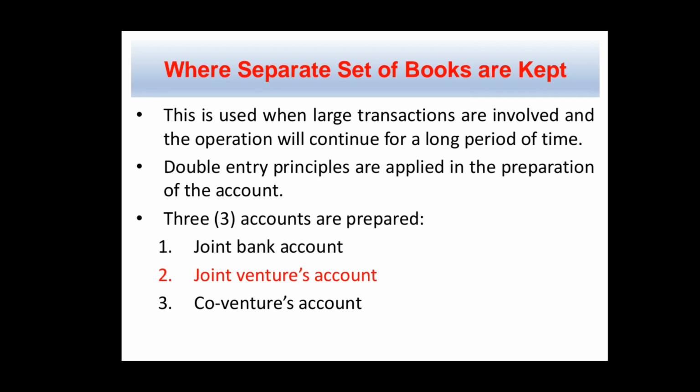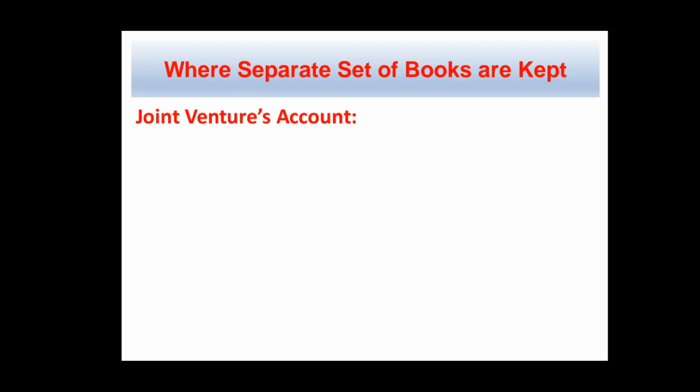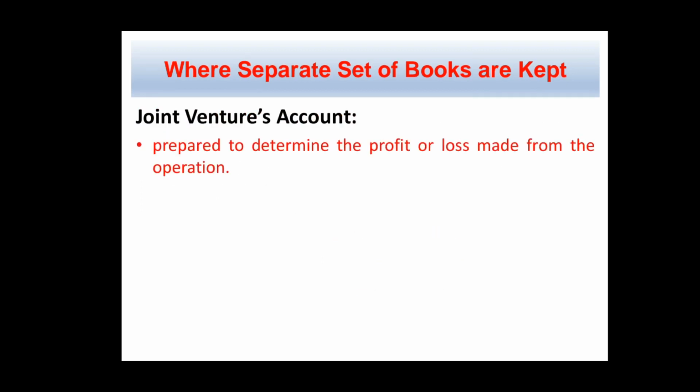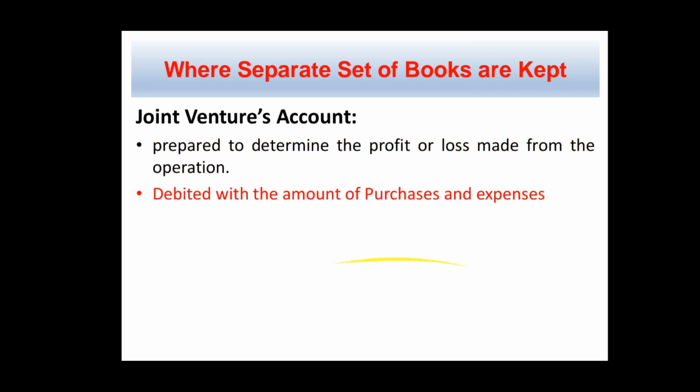So just like I said, now what of the joint ventures account? The joint ventures account, on the other hand, is prepared to determine the profit or loss made in a joint venture. So unlike the normal business where we have a trading profit and loss account, for a venture the account prepared to determine the profit or loss made in the operation is what we call the joint ventures account.